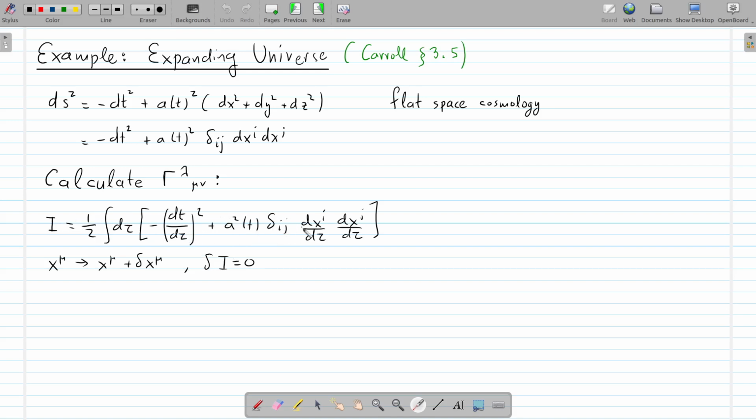Here is the length, the proper time, that's proportional to the proper time squared of such a curve. And what we will do is compute the variations of this integral with respect to changing the x^mu's.